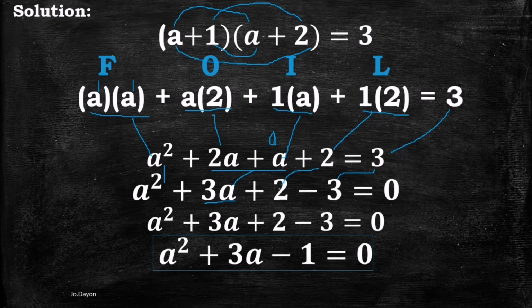So the resulting equation now is a squared plus 3a plus 2 minus 3 equals 0. We can still combine 2 and negative 3. So the resulting equation now is a squared plus 3a, and 2 minus 3 is negative 1, equals 0. So this is now the equation in standard form.